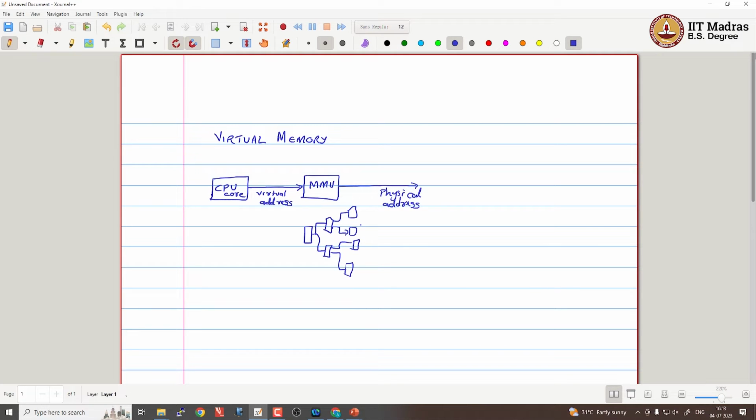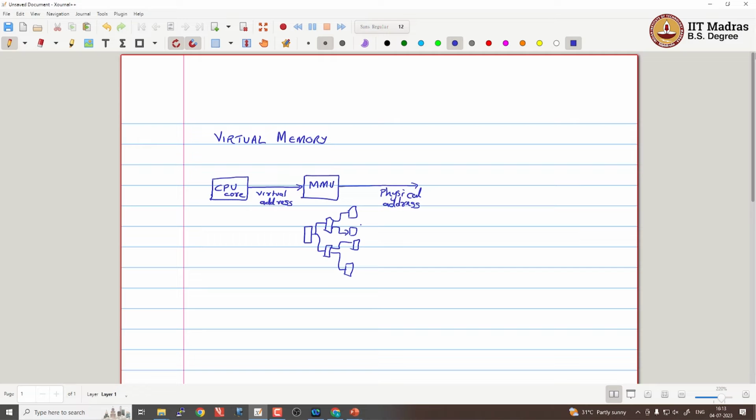And this physical address is then looked up in the DRAM. So any load or store or any instruction that is going to be fetched into the CPU core would essentially go through this translation, unless there is a caching of this virtual to physical conversion in a small cache present in the CPU called the TLB, or the translation lookaside buffer.